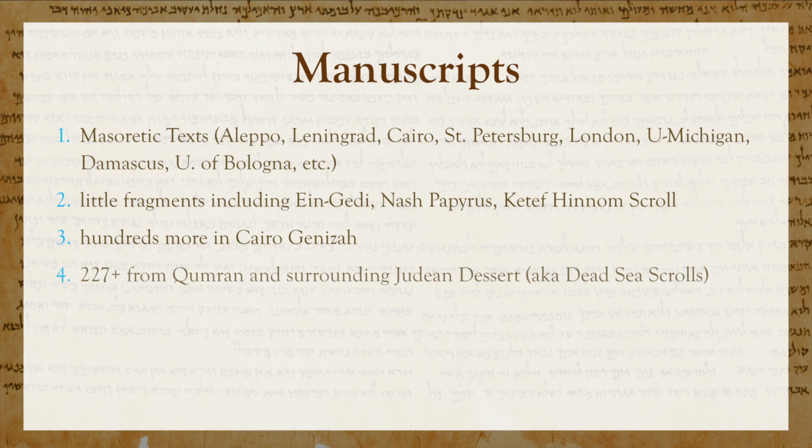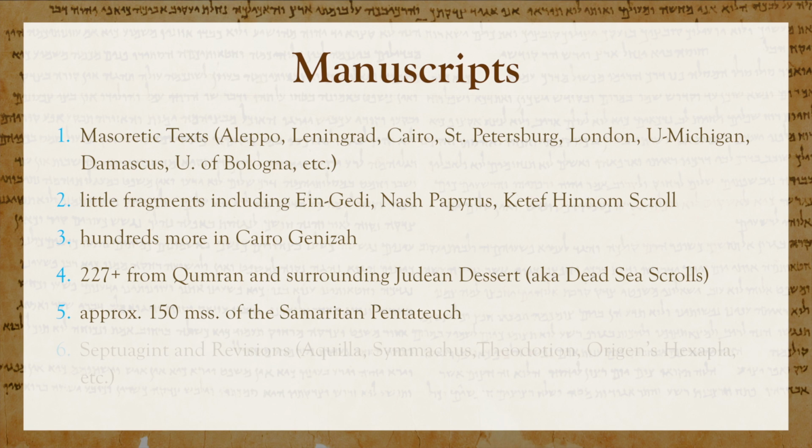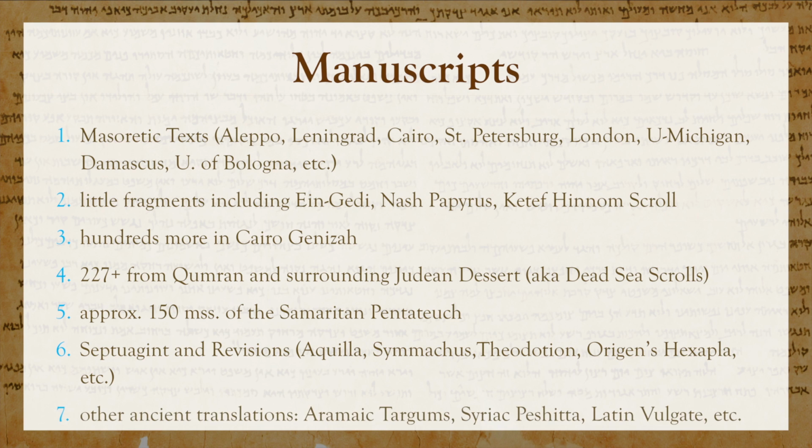Then we have 227 plus from Qumran and the surrounding Judean desert, also frequently referred to as the Dead Sea Scrolls. Then we have another 150 manuscripts of the Samaritan Pentateuch, and then you have the Septuagint and all its revisions from Aquila, Symmachus, Theodotion, Origen's Hexapla. And then last of all, you've got the ancient translations, the Aramaic Targums. There's a whole bunch of those. I only showed you a couple, but there's a whole bunch of them. There's the Syriac Peshitta, there's the Latin Vulgate, and then there are other ancient manuscripts.